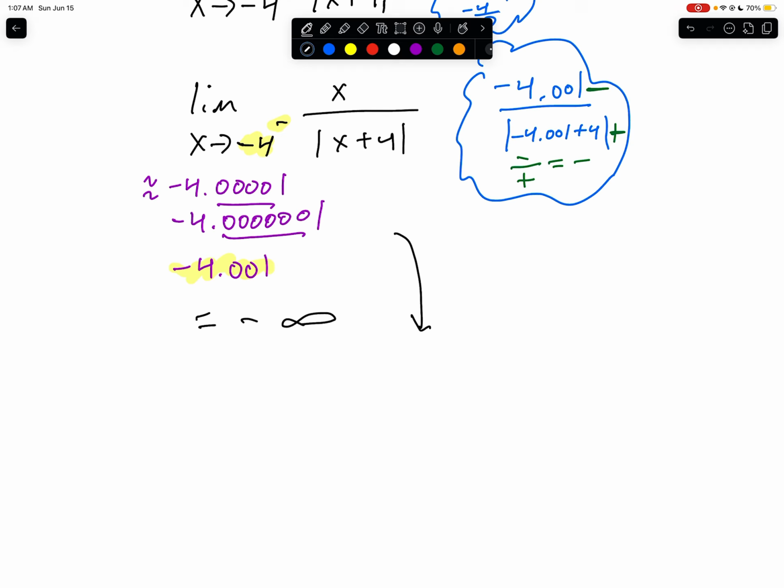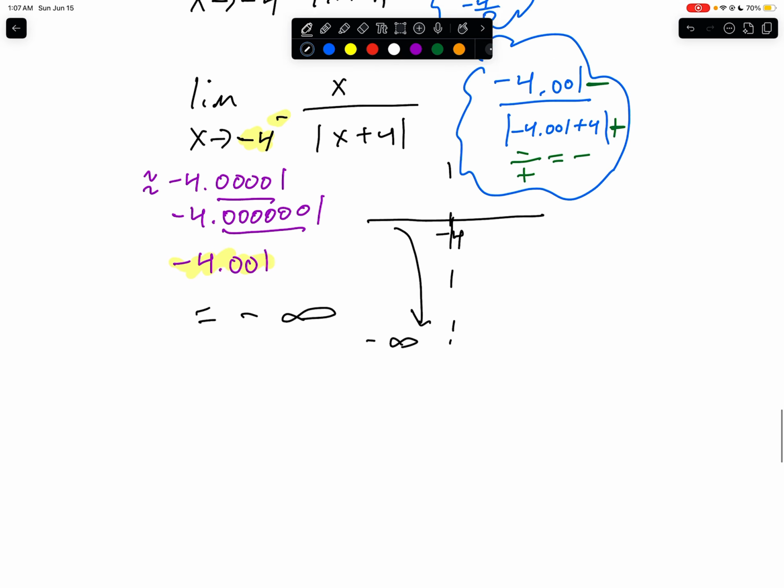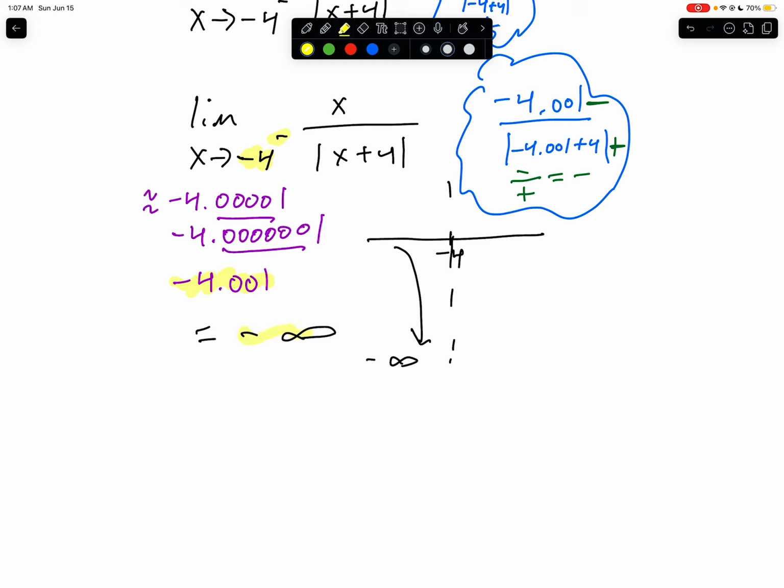If this is negative 4 here, some asymptote, this is going to negative infinity. This is what we're seeing here. So instead of saying does not exist, negative infinity is just a better answer. Okay, hopefully this makes sense.